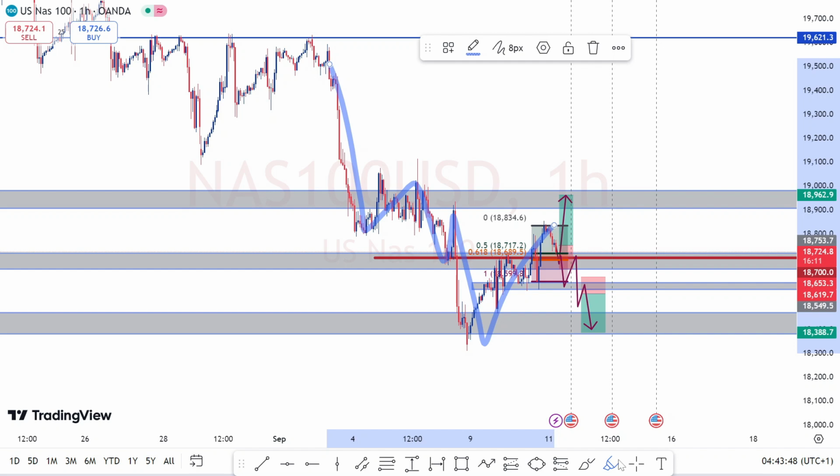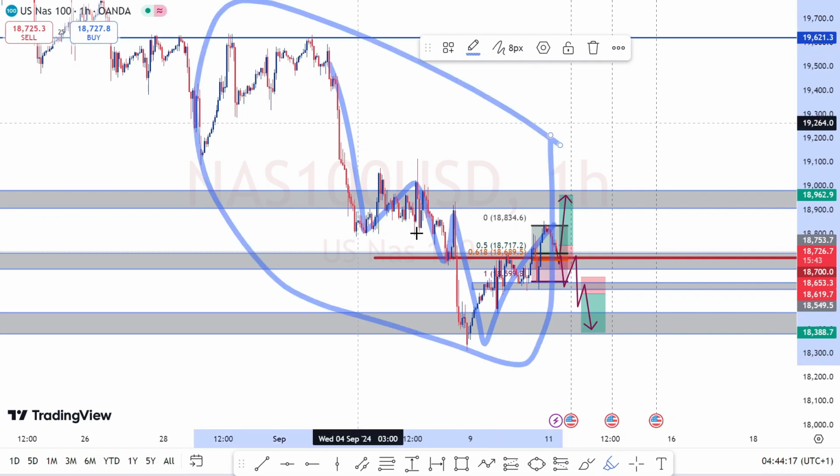Overall, we are in a correction on the higher time frame, but breaking down to the 1 hour time frame, this is a bearish impulsive move downward.